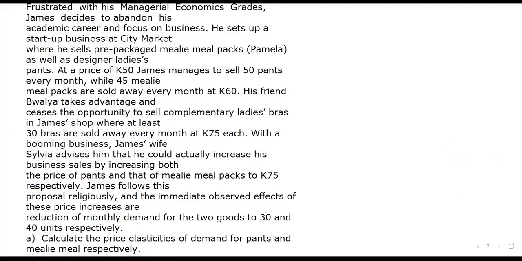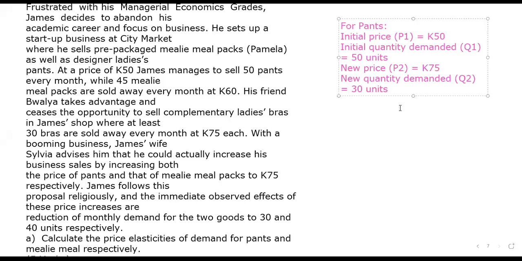For the pants, what is the initial price, then the new price? The initial price for the pants was 50 kwacha, which James was selling at 50 units. So the initial price was 50 kwacha and the quantity was 50.